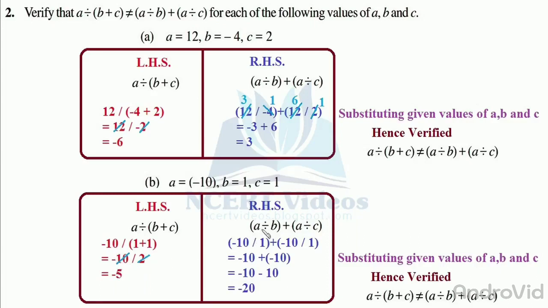And right hand side, substituting the values, solving it, minus 10 plus again minus 10. Now minus 10 plus minus 10, both the same, we add them up and put the sign of negative, minus 20. Again minus 5 is not equal to minus 20, therefore it is again verified. So this was the question number 2.